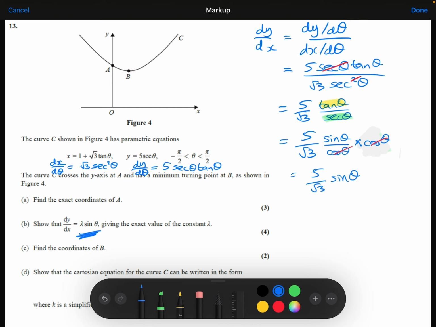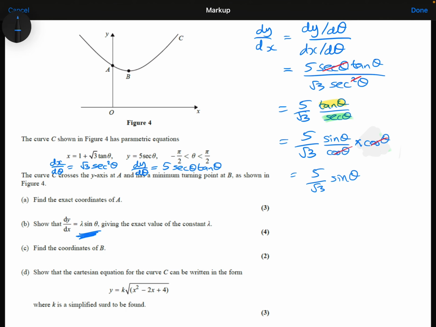Part C. Find the coordinates of B. Let's remind ourselves, B was the minimum turning point. So that's where our dy by dx is equal to 0. We've just shown that dy by dx is this.